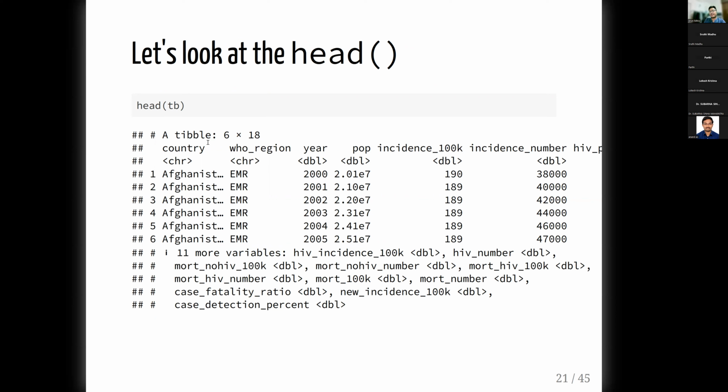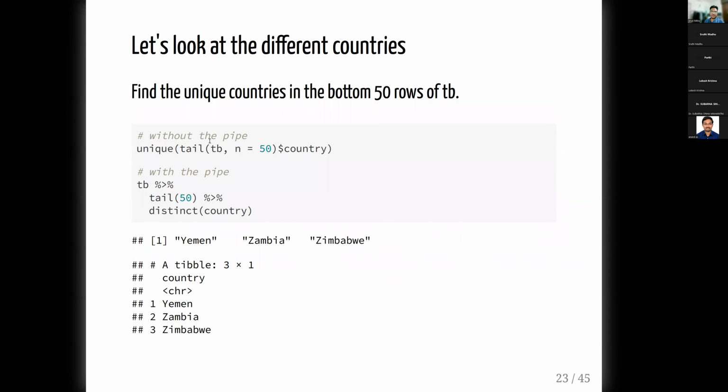But you can override the default by specifying your own n. Give only 10, give only 30, give only 50. So here I'm saying, give me the tail of this data set called TB, where n is 50. And then I'm asking, from this data set now, take the column country.